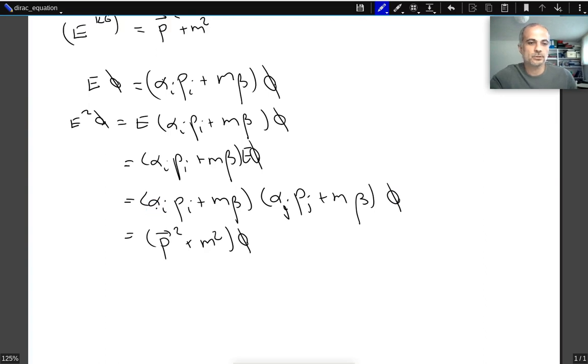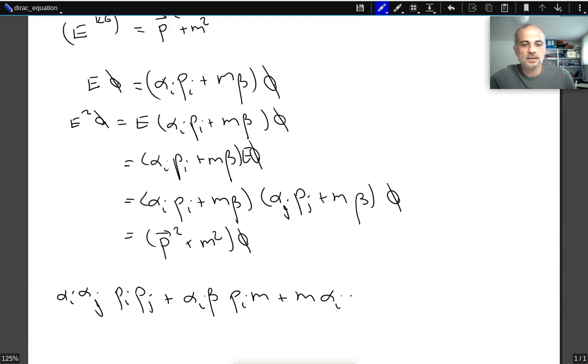If we multiply it out, we will get alpha i alpha j p i p j plus alpha i beta p i times m plus m times alpha i beta p i plus m squared beta phi.